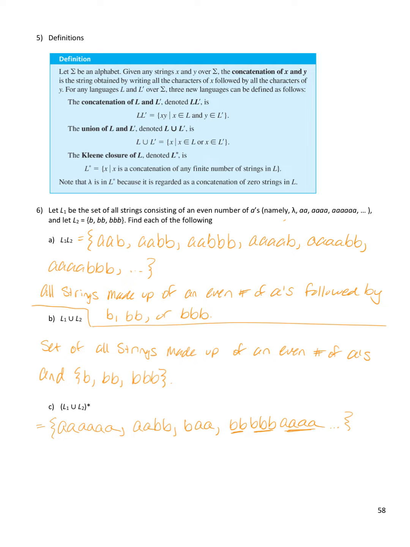So to describe this in words, it's the set of strings of A's and B's where every occurrence of A is in an even block, a block consisting of an even number of A's.